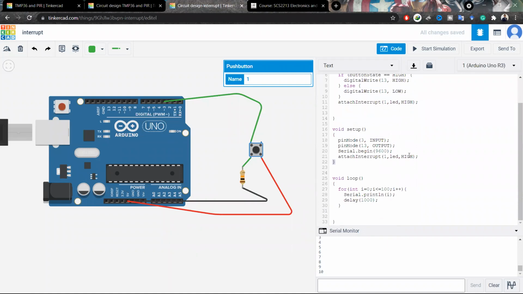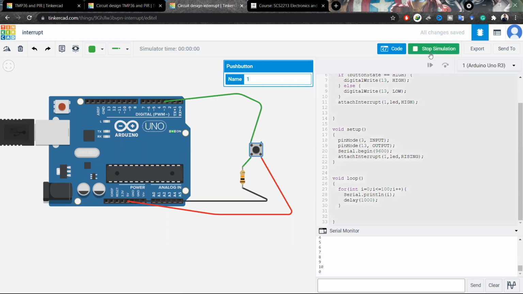Now I'm going to change the mode here. Initially it was high. If it feels 5 voltage, it will trigger. Now I'm going to put rising. Still you can see it is working. What happens behind the scenes is this: in pin number 3, there is some voltage like this.